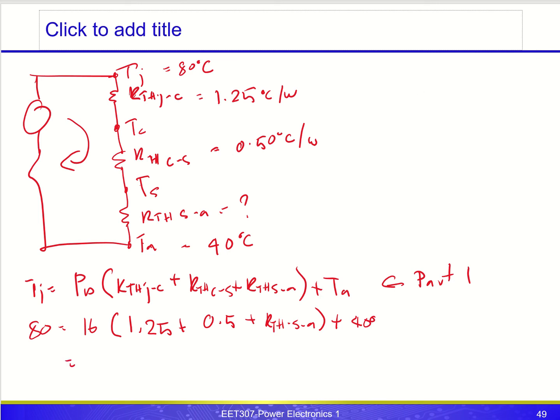So what is the final value of the RTH SA? The final value is 0.75 degrees Celsius per watt.